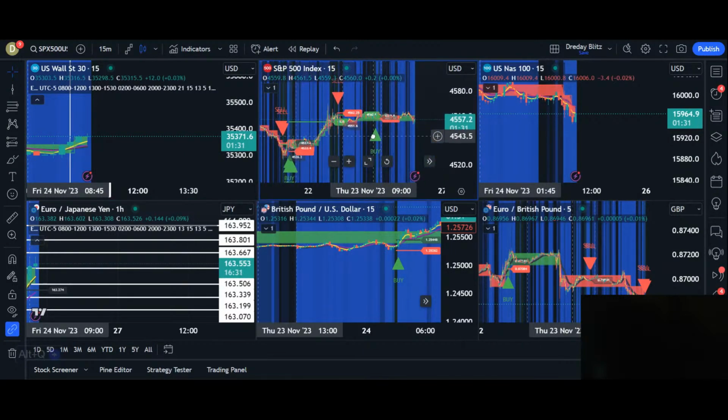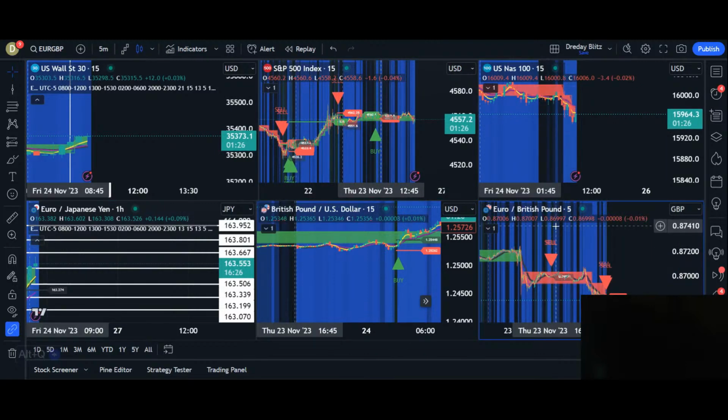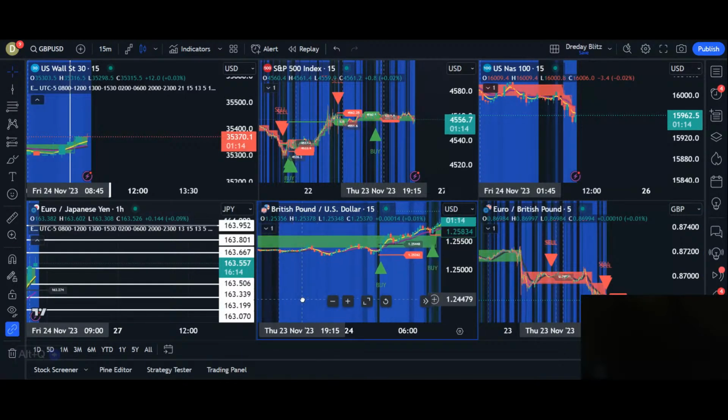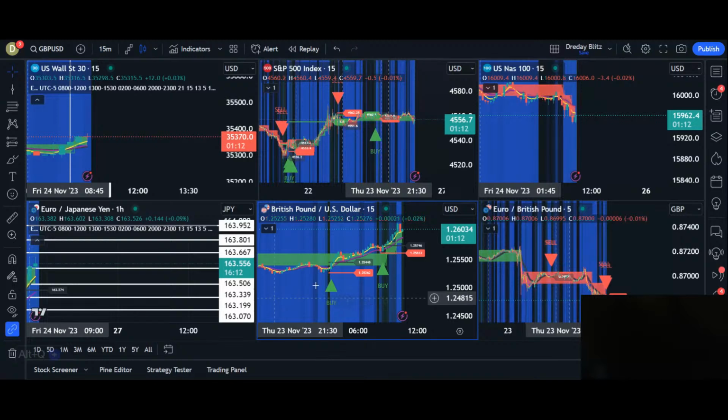But overall, the indices were looking bullish. The Euro GBP was bearish here since yesterday, so that's good on that. Euro JPY was pushing up since London session.